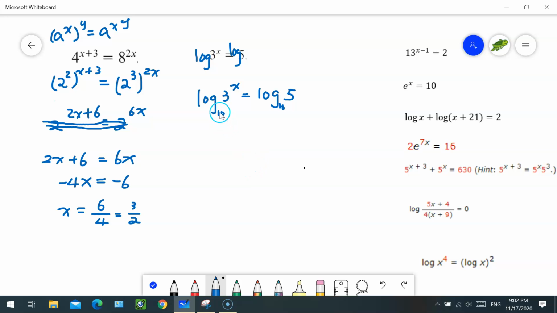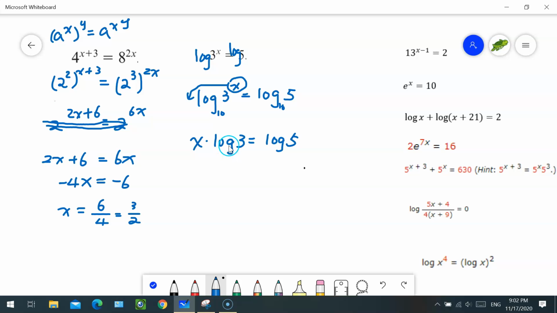But generally with the base 10, we don't put down the 10. Okay. Now, since I have a logarithm expression here, I can use the power rule to swing this power x to the front. So I can rewrite the left hand side into x times log of 3 equals log of 5.